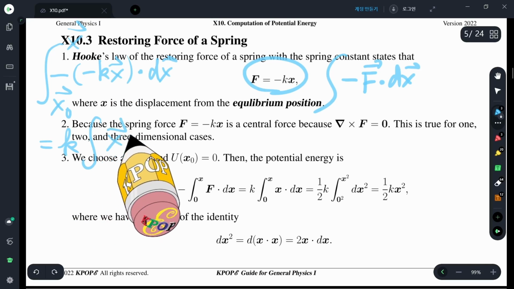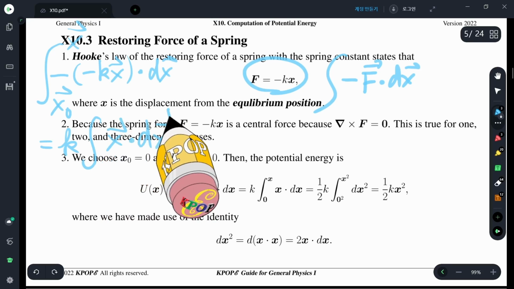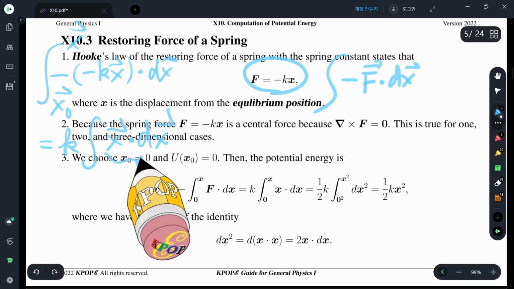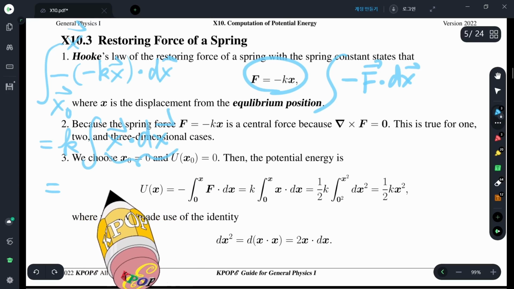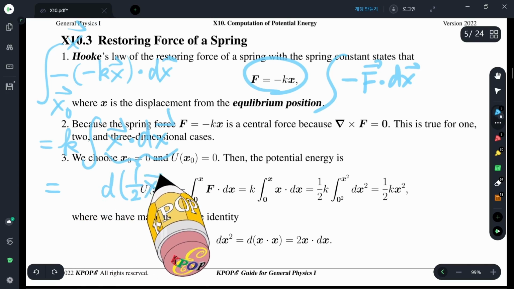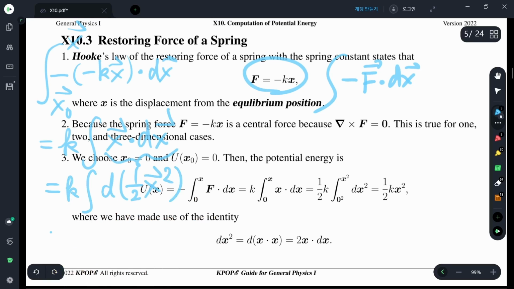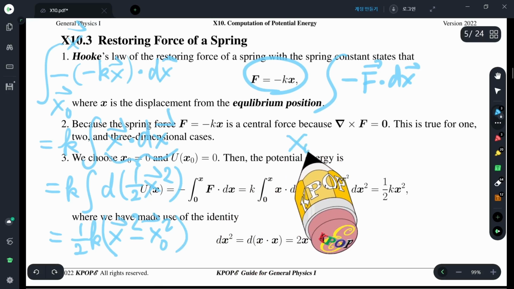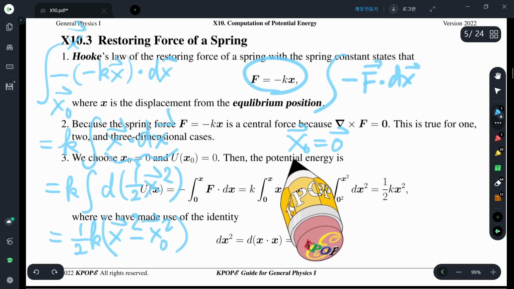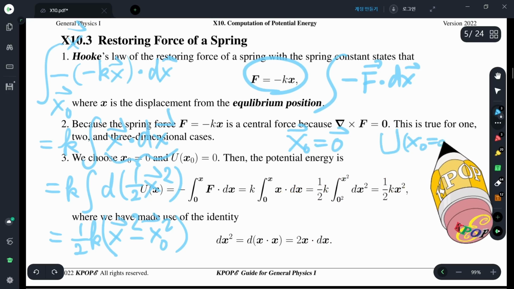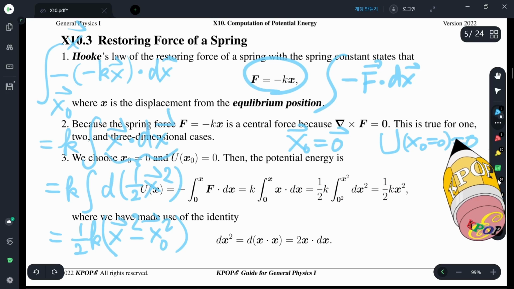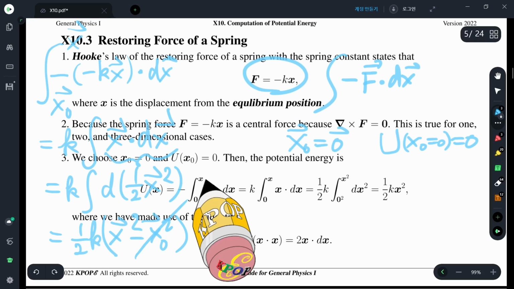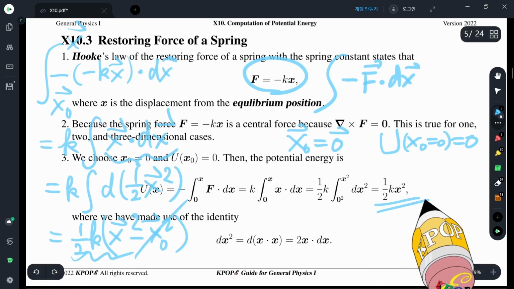We have x dot dx. Leibniz formula can be used to combine this. This is the total differential of 1/2 x squared. K. Hence, we have 1/2 k x squared minus x0 reference squared. The reference value x0 is usually chosen as 0, and the u of x0 is chosen to be 0. So this one disappears. What I have is 1/2 kx squared.